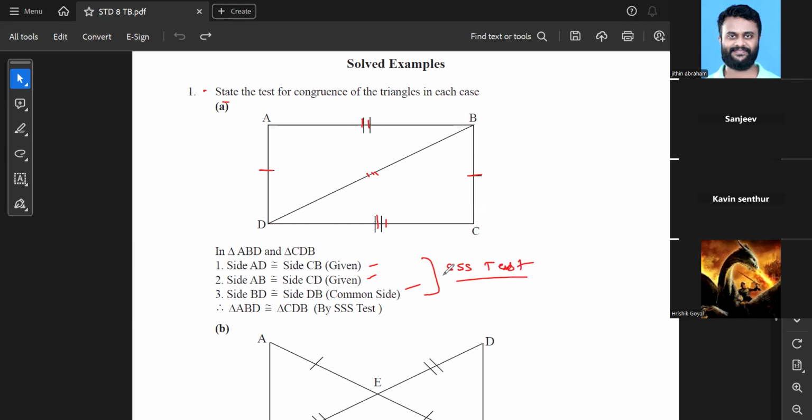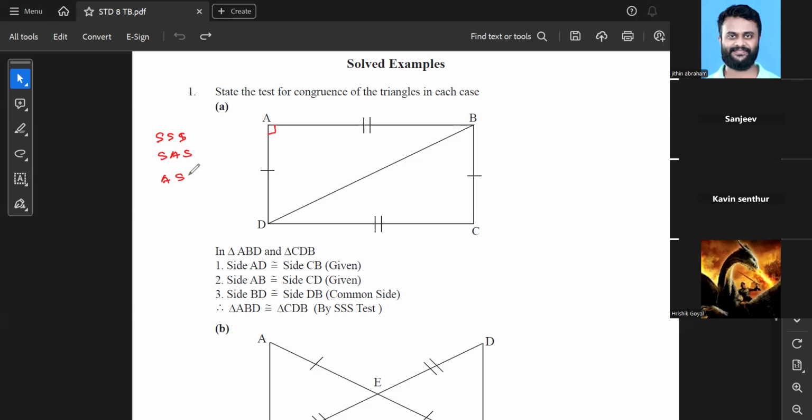There can also be hypotenuse side, right? Absolutely. Now, if this is 90 degrees, you can also, by the way, if one triangle is congruent, it will be congruent by all the rules. You can prove it by SSS, by SAS, by ASA, by HS. If one thing is congruent, you can use any test to prove it congruent. There is no hard and fast rule that you can prove congruence using only one test, not more than one test.